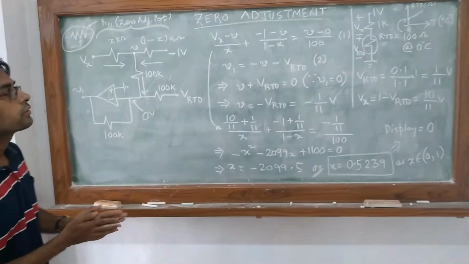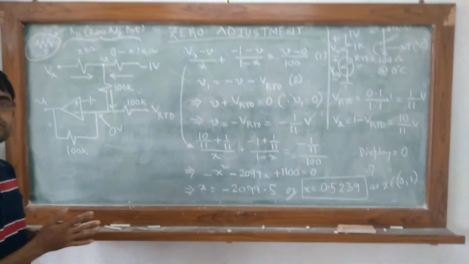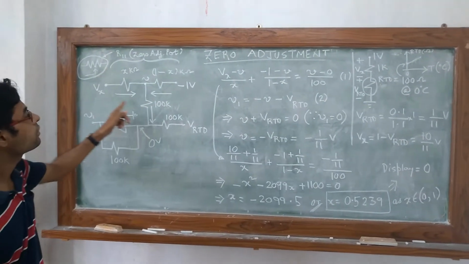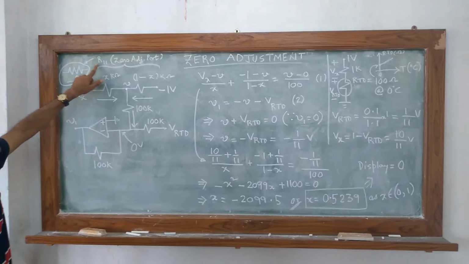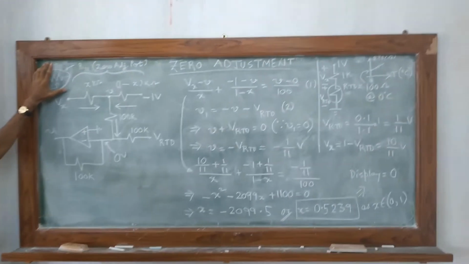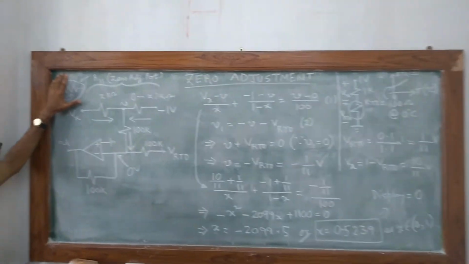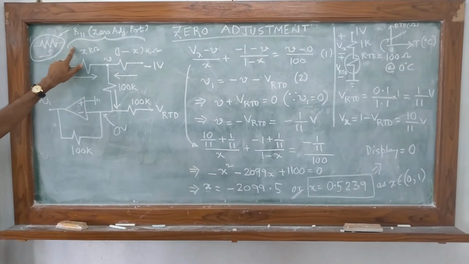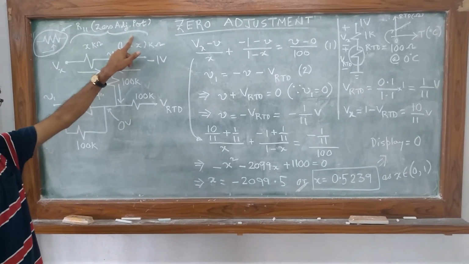Now we have cleaned up the circuit and we are going to concentrate only on the zero adjustment pot, which is resistance R11. If you remember from one of our previous videos, we have shown that you can always break this potentiometer into two parts. So with R11, this is a 1 kilo ohm potentiometer.